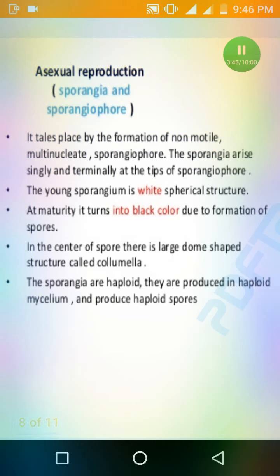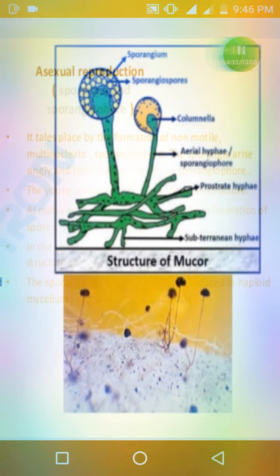These sporangia arise singly and terminally at the tips of sporangiophores. The young sporangium is hyaline. Eventually, it turns black in color due to formation of spores. In the center of the sporangium, there is a large dome-shaped structure called columella. The sporangiospores are haploid. They are produced in the hyphae, mycelium, and produce haploid spores.